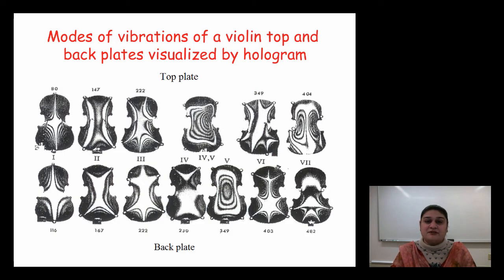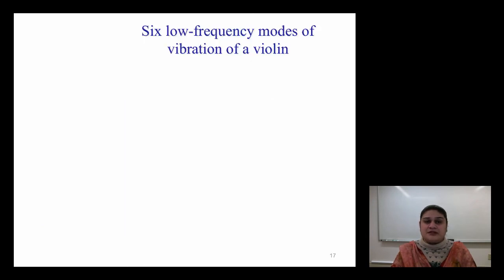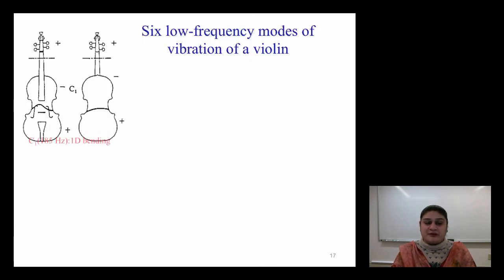Modes of vibration of a violin top and the back plate visualized by a hologram. So these are all the top plate and the bottom plate resonances. One of the other things that we could be doing is using the Chladni plates, as we talked about before. Six low-frequency modes of vibration of a violin are given here.